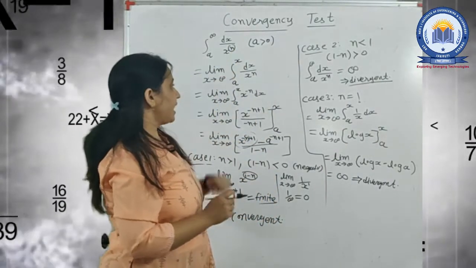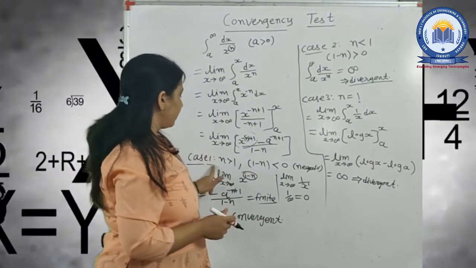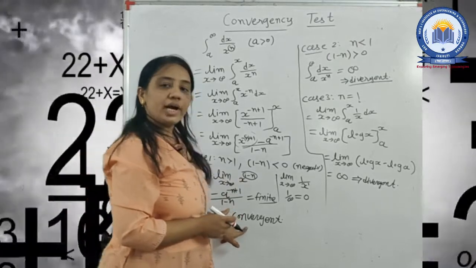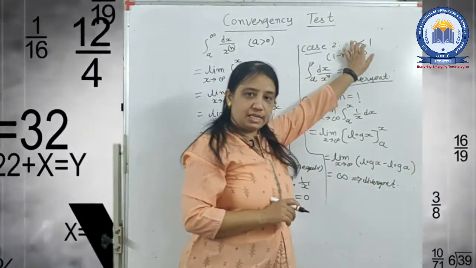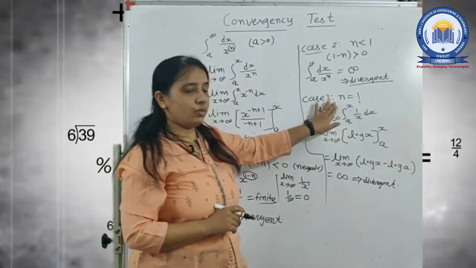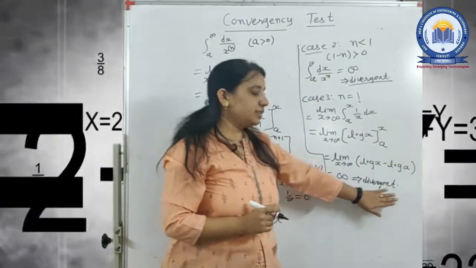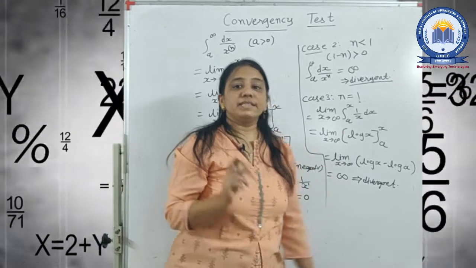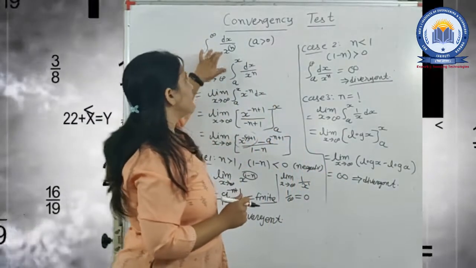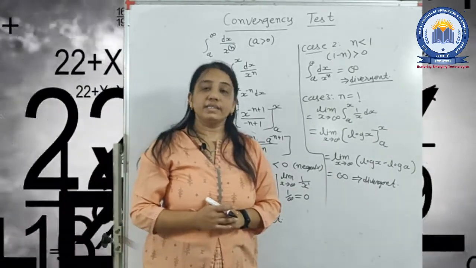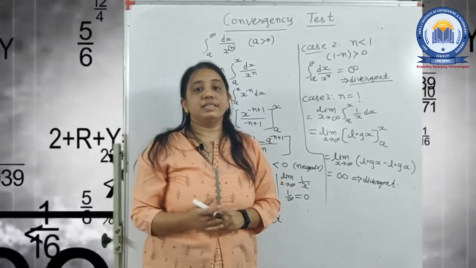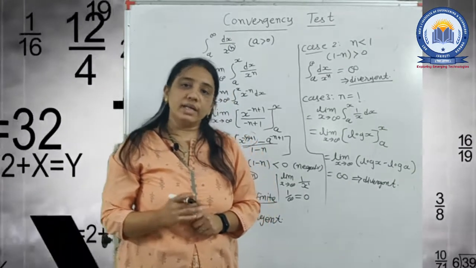If n is greater than 1, it is convergent. And if n is less than 1 or equal to 1, it is divergent. That means if this type of question appears, x raised to something, we can directly say whether it is divergent or convergent.